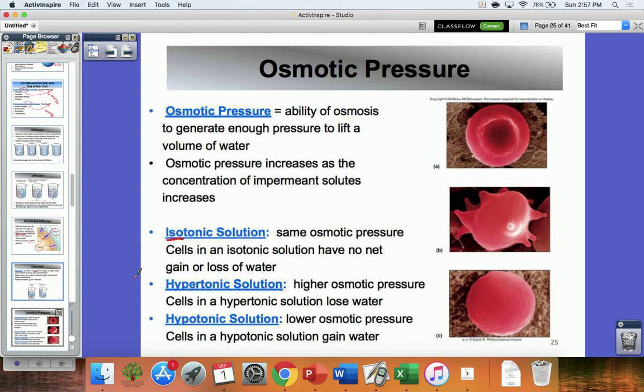So for instance, if I were to put a cucumber inside of vinegar, we have more water inside of the cucumber. We have more solutes inside the solution of vinegar.